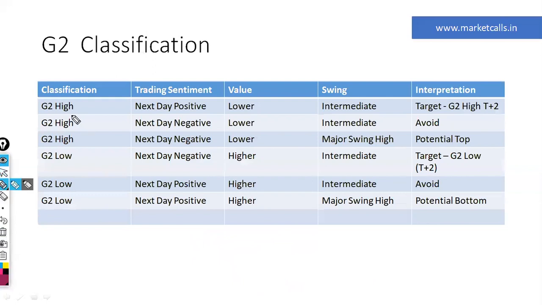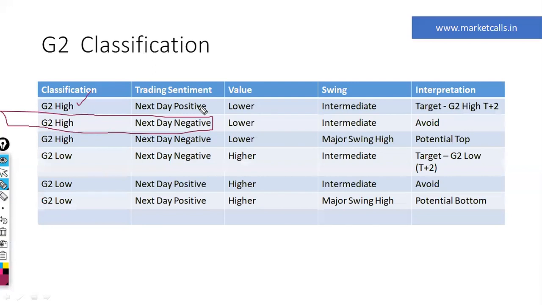Whenever there is a G2, most of the time you will be getting this kind of pattern, and you will end up not playing against the G2 high. But this kind of pattern, a G2 high formation and the next day staying positive, happens only occasionally.